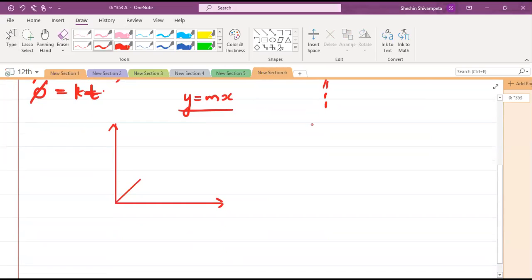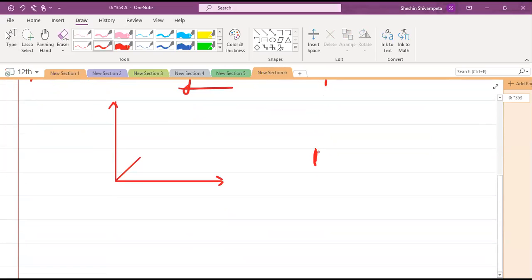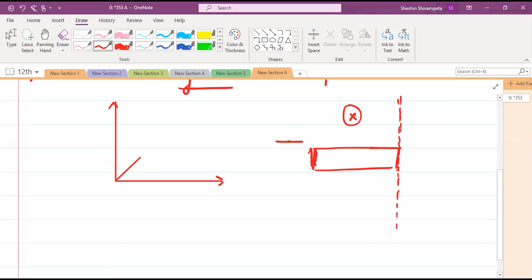अब क्या होगा? After some time, the coil will be completely inside. ठीक है, पूरा अंदर हो गया वो. Now once it is completely inside, even if it moves towards left, will its flux change?